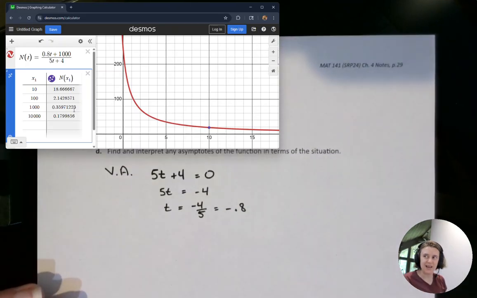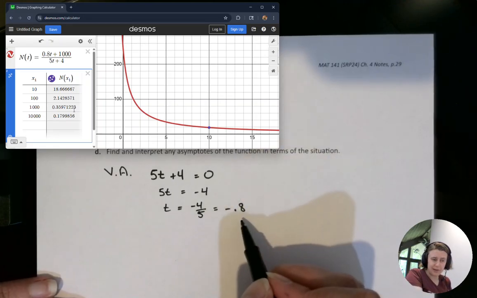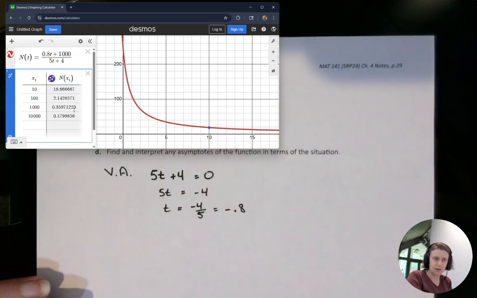So 5t would be equal to negative 4, and t would be equal to negative 4/5, or in decimal, negative 0.8. In terms of meaning, this is not going to have any meaning. It's saying 0.8 hours ago, you had an approaching an infinite amount of medication. No meaning, though. That doesn't make sense in this context.